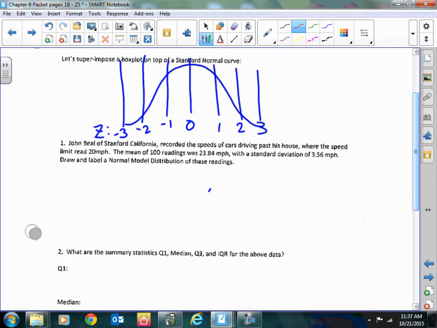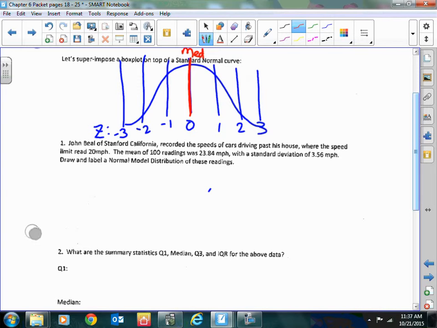All right. So I want to get a box plot superimposed on this. And so what are the things that we graph on a box plot? Median. Okay, good. Where is the median located? 0. Okay, very good. Since this is symmetrical, the median will be right here. Okay, nice. All right, what else would we be interested in finding? Q1.